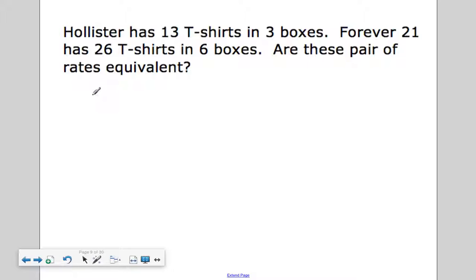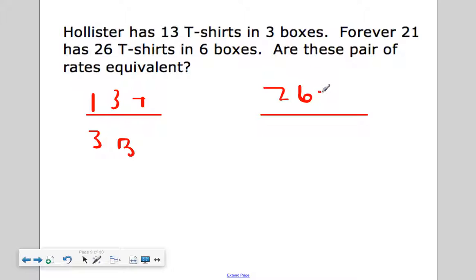Hollister has 13 t-shirts placed in 3 boxes. Forever 21 has 26 t-shirts in 6 boxes. Are they equivalent? Let's think about it. Let me simplify this first.